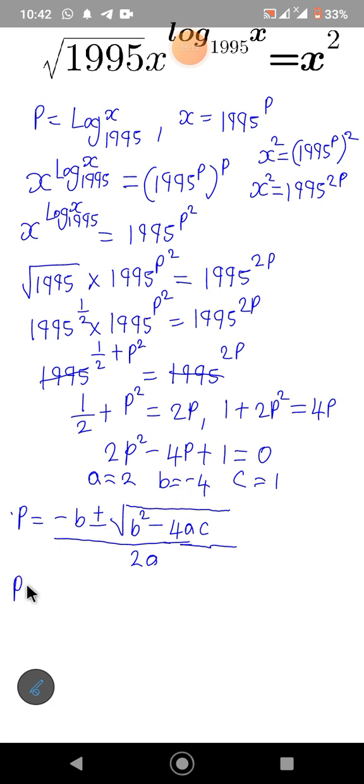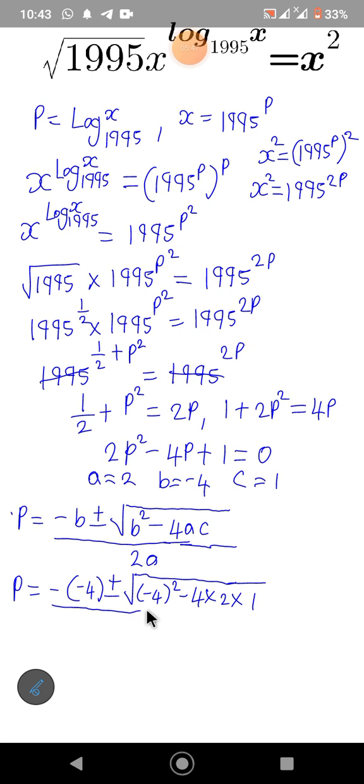We can say p equal to minus, my b is minus 4, so we say minus (minus 4), plus or minus the square root of b square, that's minus 4 square, minus 4 multiplied by a, a is 2, multiplied by c, c is 1, all over 2a.